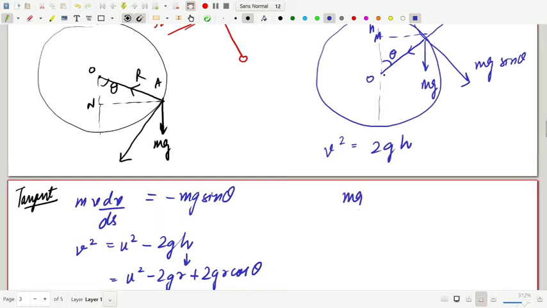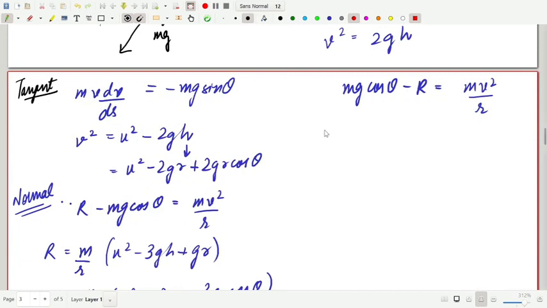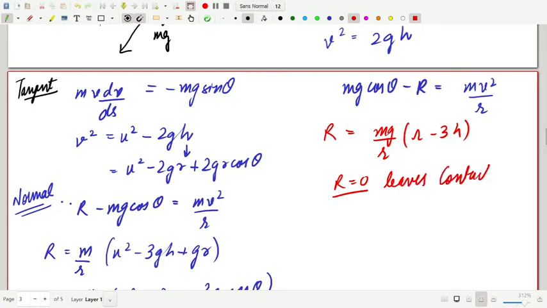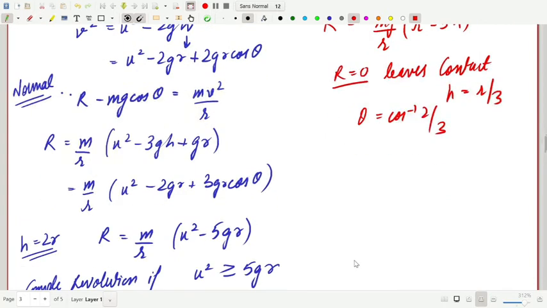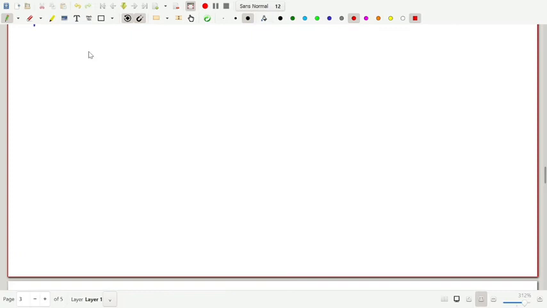We can calculate mg cos theta minus R is equal to m v square over r, and hence we have that R is equal to mg over r times r minus 3h. R is equal to 0, leaves contact with the circle at h equal to r by 3 and theta equal to cos inverse 2 by 3, as h is equal to r minus r cos theta.